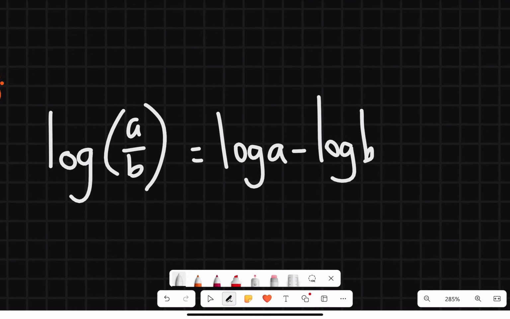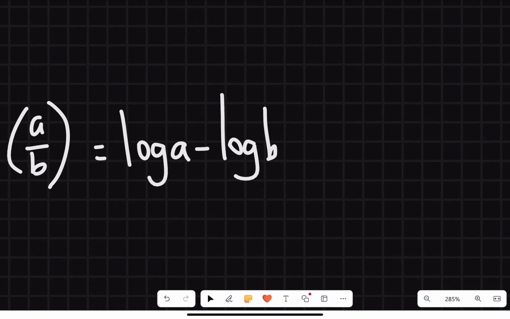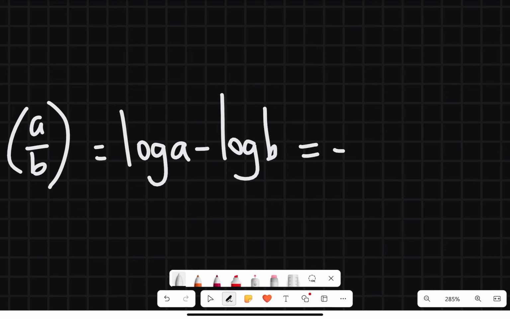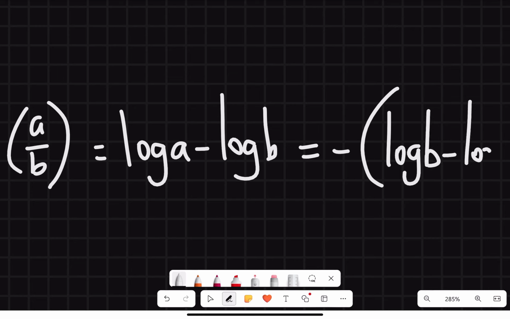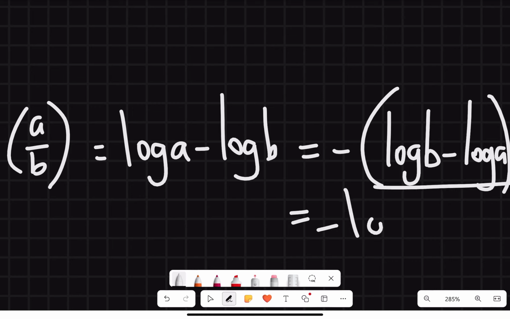But I can take out a negative and let's see what is going to happen. If I take a negative out, I'm left with log b minus log a. Perfect. If I were to reverse this, that is basically negative log of b over a. Do you see?